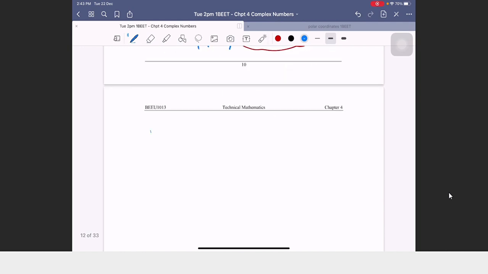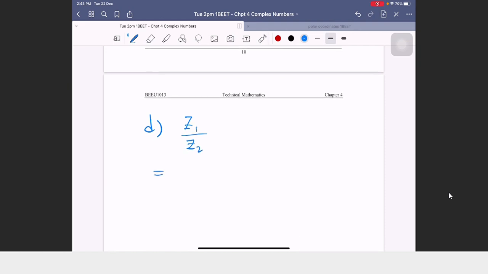So let's do this for D. This is your Z1 over Z2, where Z1 is minus 2 plus 3i divided by 1 minus 4i. What we are saying is that we need to multiply by the conjugate of the denominator for both numerator and denominator.